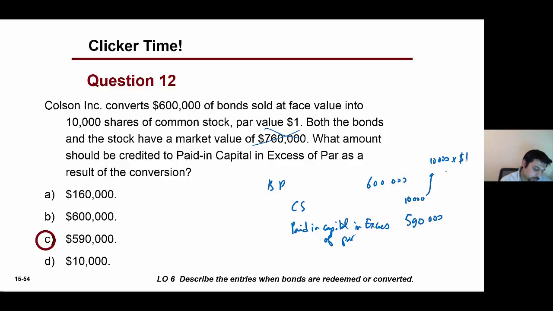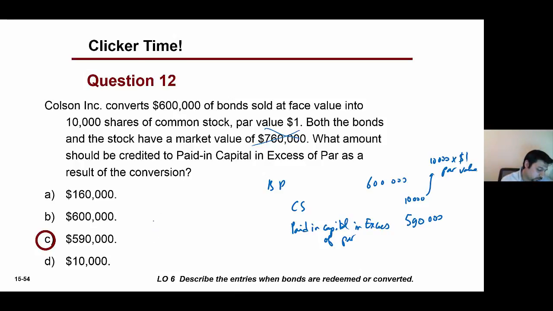This is not the market stock value. So although the par value of the common stock is $1, it is actually sold at $76 in the stock market.